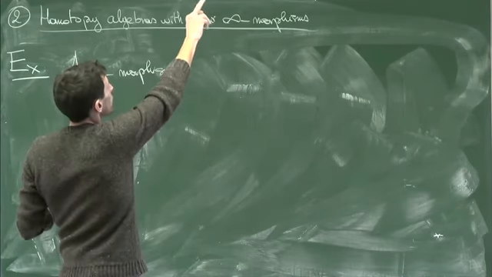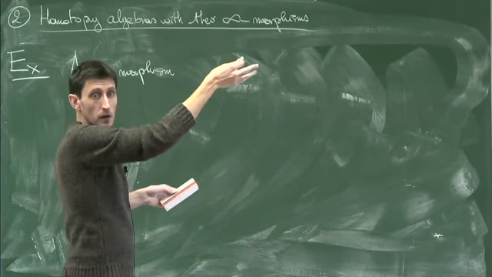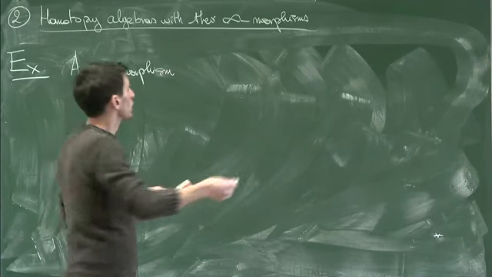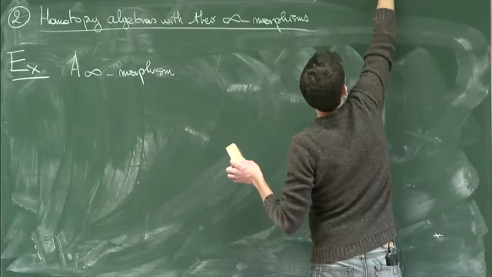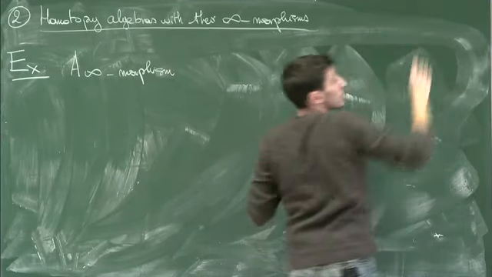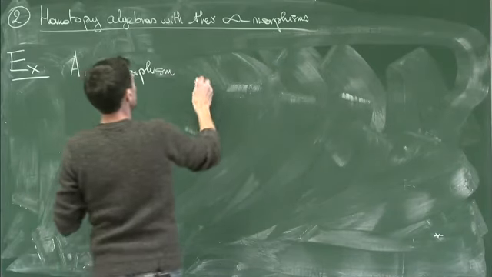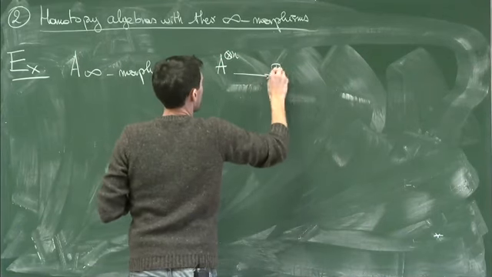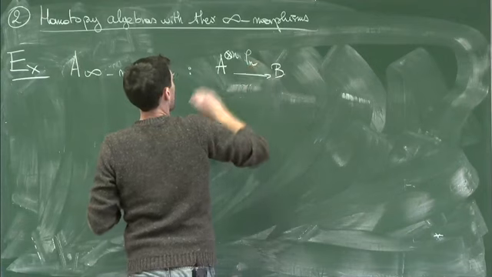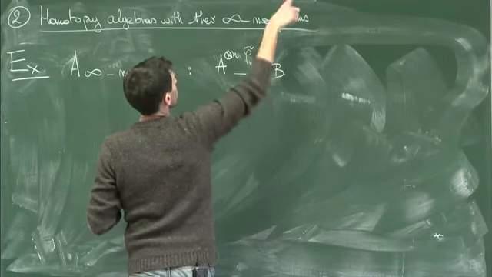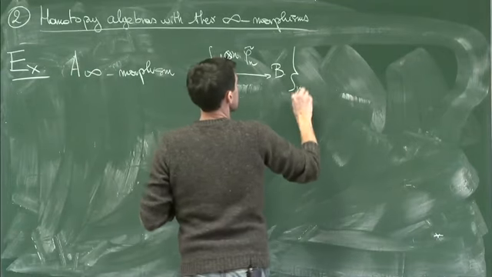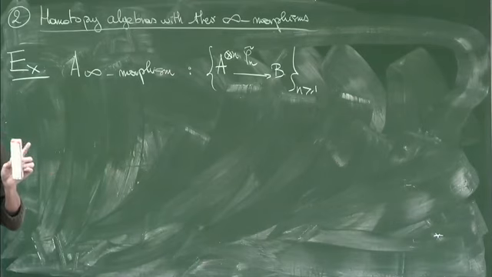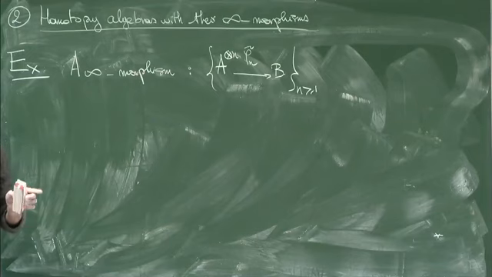It amounts to maps from TC of A to B, so a collection of maps from A to the n to B. Here, for us, this guy is one-dimensional. That is, for any n, you have just one map. So here, an infinity morphism is one map for every n, phi n. So an infinity morphism has infinitely many components, not just one. Keep that in mind.